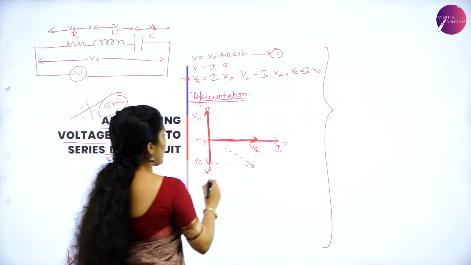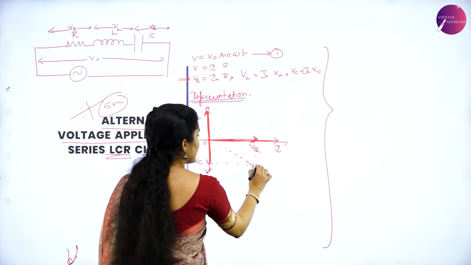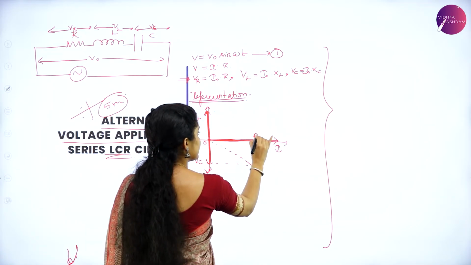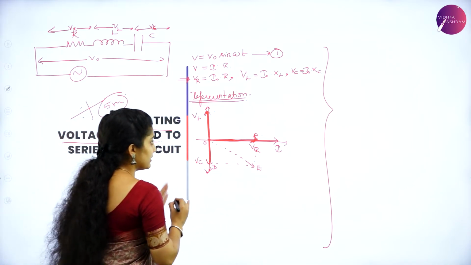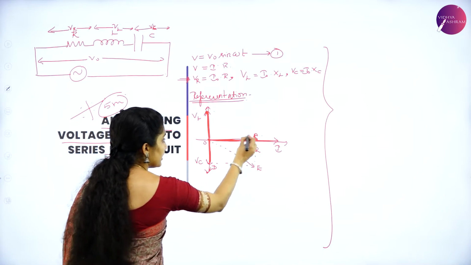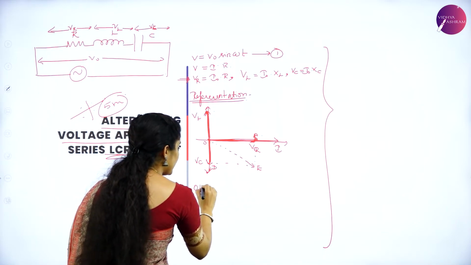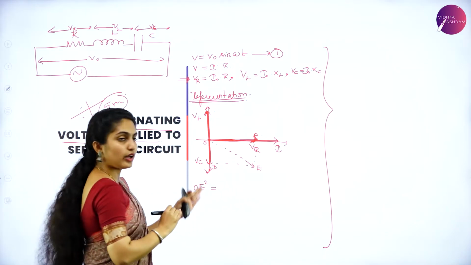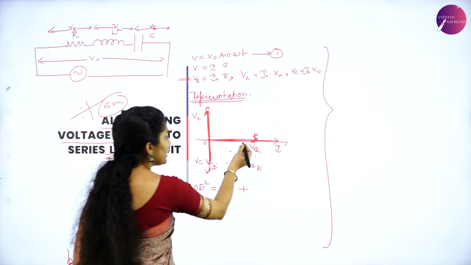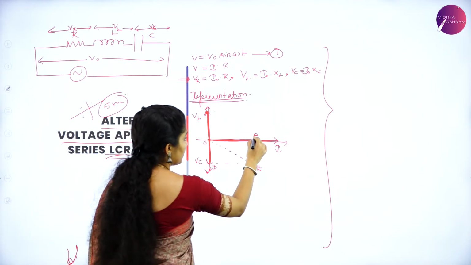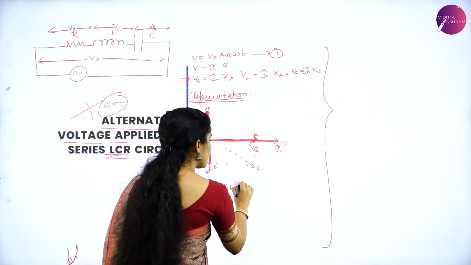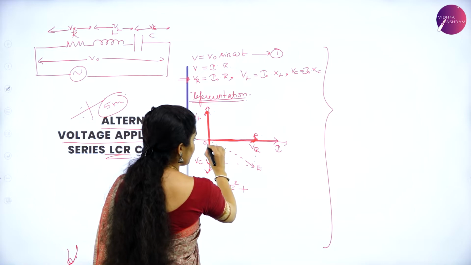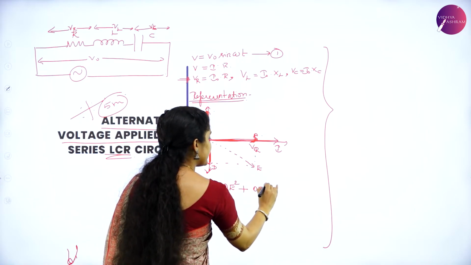Next, give the names: this is E, this is A, and this is D. Now go with the Pythagoras theorem. The diagonal is OE, the resultant, and its square is the sum of the squares of the other two sides, AE square plus OA square.